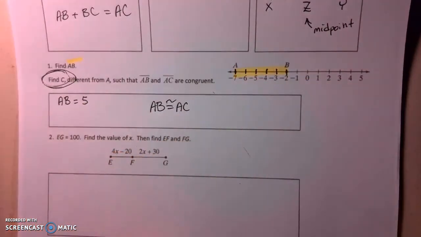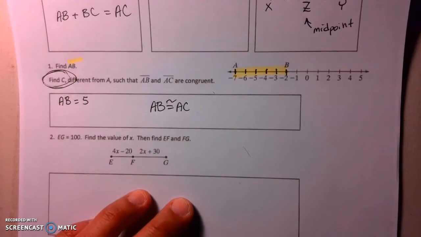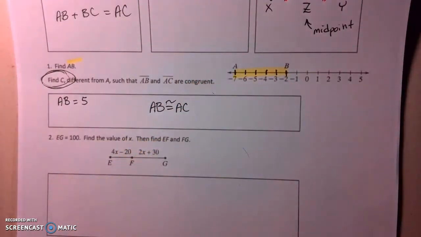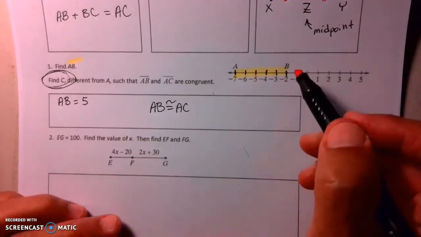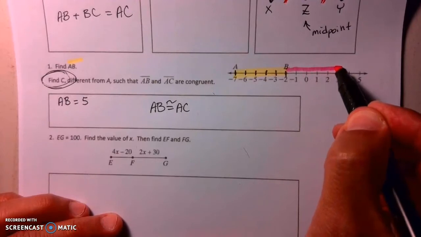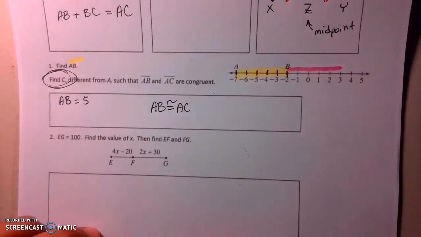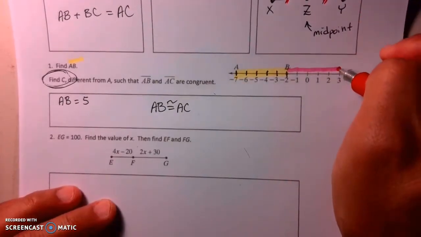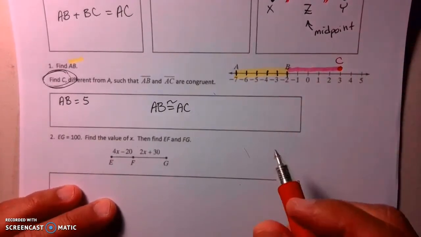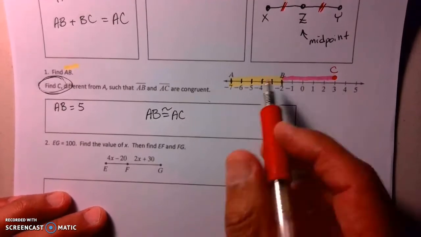Now, the most common error, and it's just going to be kind of a trick question here. Some people are going to go, oh, well, if that yellow is 5 spaces, I'll just count out 5 spaces here in pink. 1, 2, 3, 4, 5. And then you would think, okay, this must be the answer for letter C, saying C is at positive 3. Unfortunately, this is sort of a trick question here.